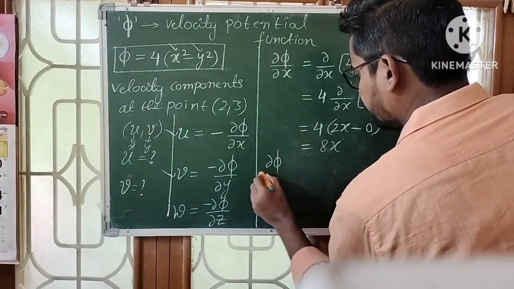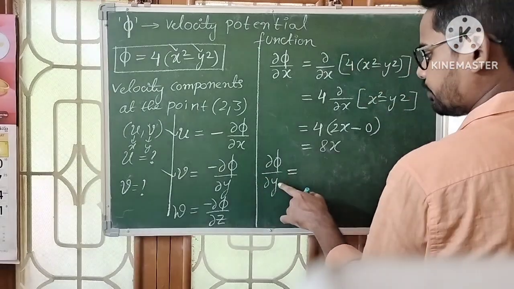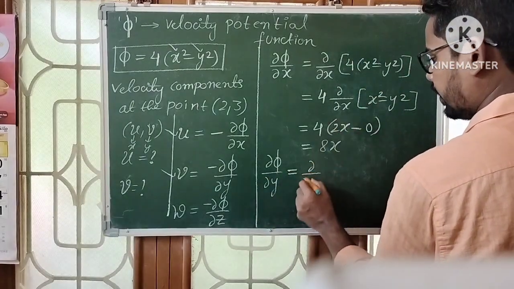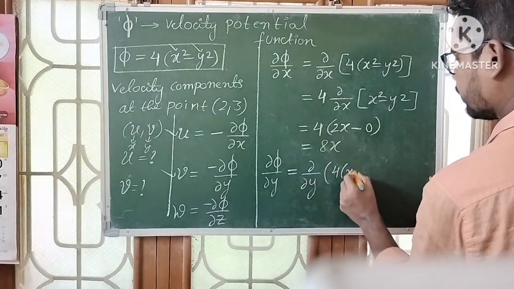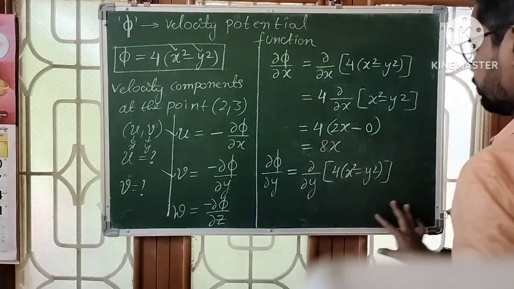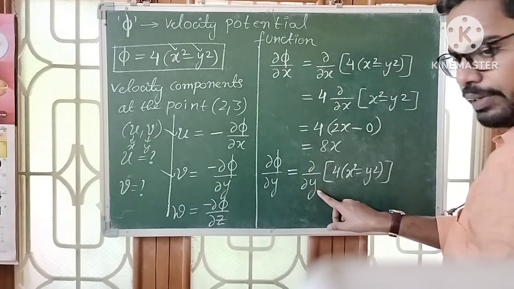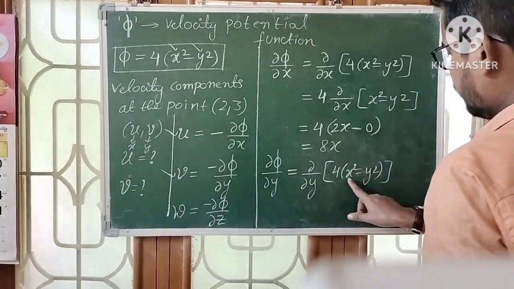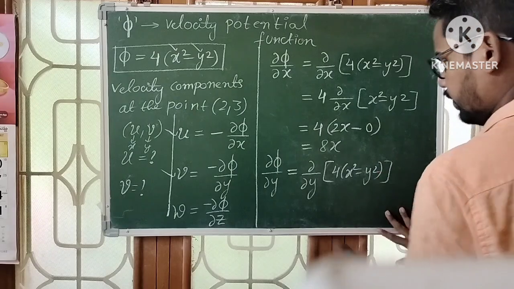Similarly, dou phi by dou y. Now we are doing partial differentiation with respect to y, so dou by dou y of phi, which is again 4 into x square minus y square. Here x is constant since we are differentiating with respect to y, and y square is the variable term.